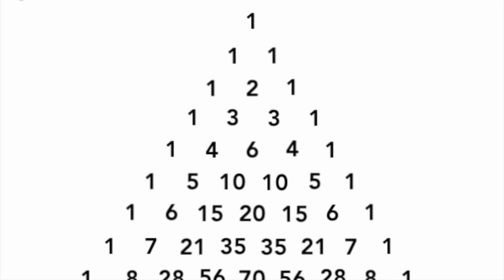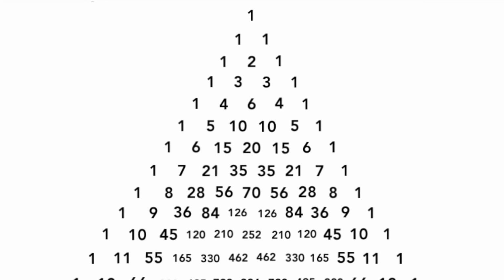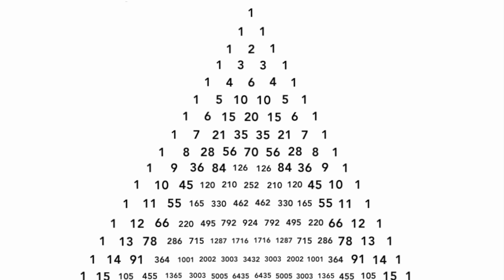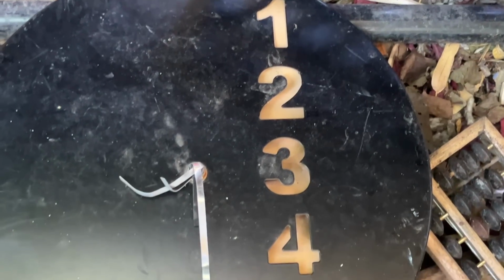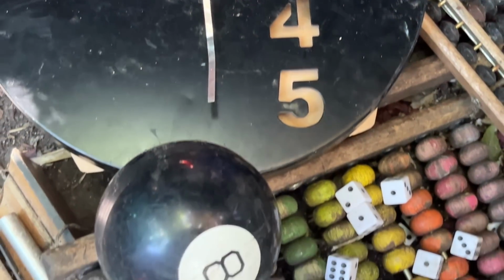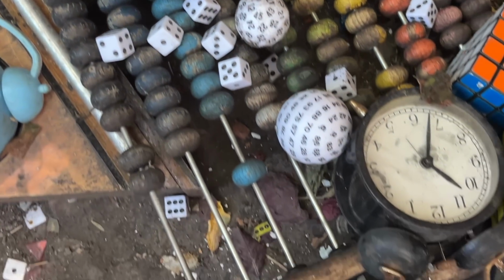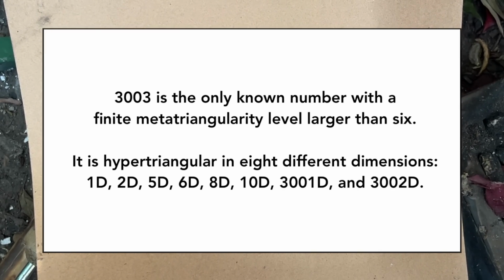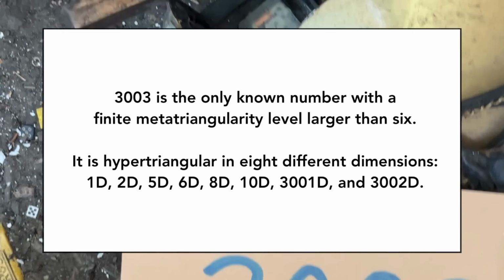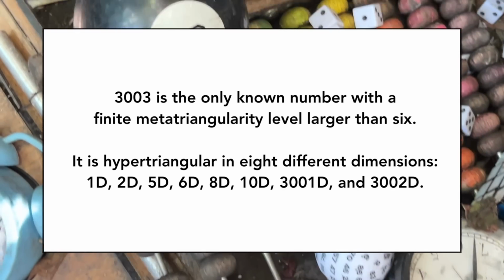Even more notably, out of all of the trillions upon trillions of numbers that have been checked, the only number larger than 1 that has been found to have more than 6 appearances is 3003, with its 8 appearances, which I personally think makes 3003 one of the most underrated and mysterious numbers of all time.